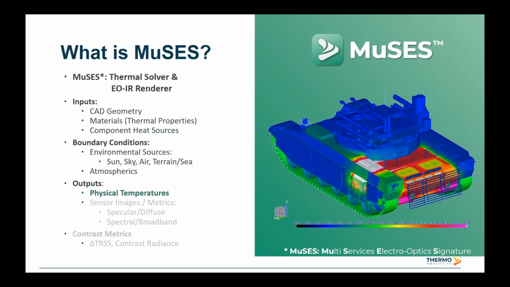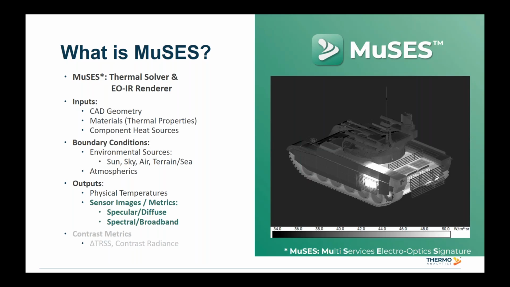On the output side, the first step is going to be to predict physical temperatures, where we're predicting the temperature of each element in the 3D model. And that's going to be followed by predicting what that object or scene is going to look like to an EOIR sensor. And that sensor can be anywhere from the visible band all the way up to the long wave infrared band.